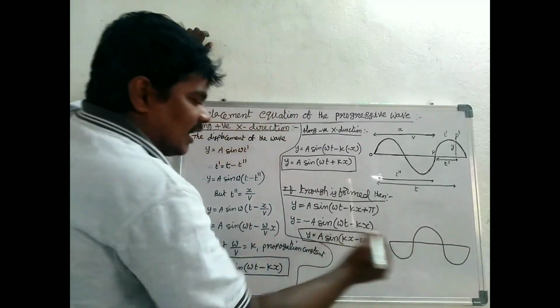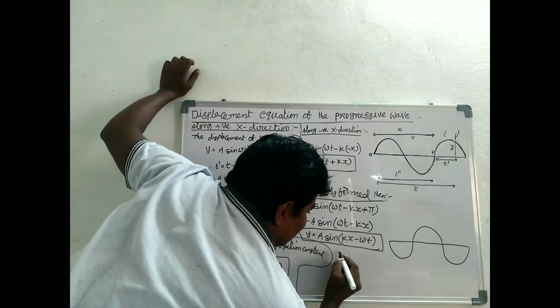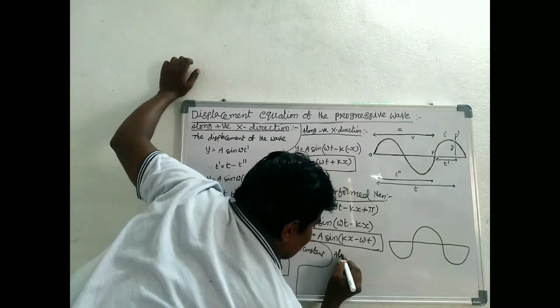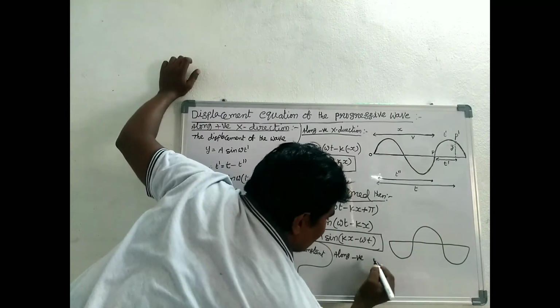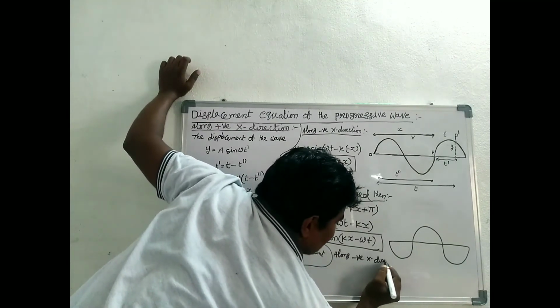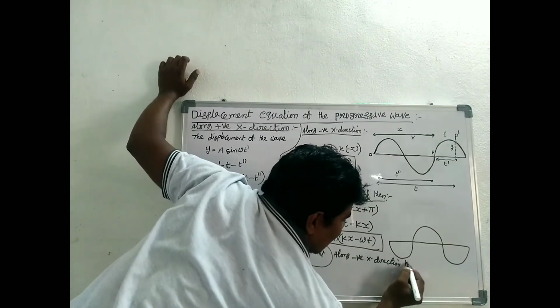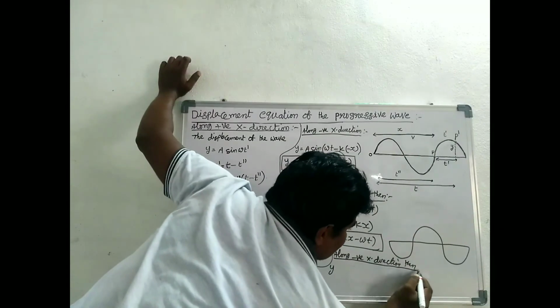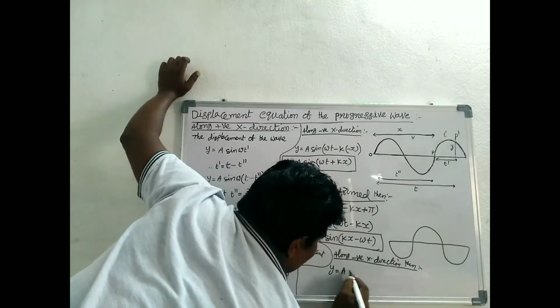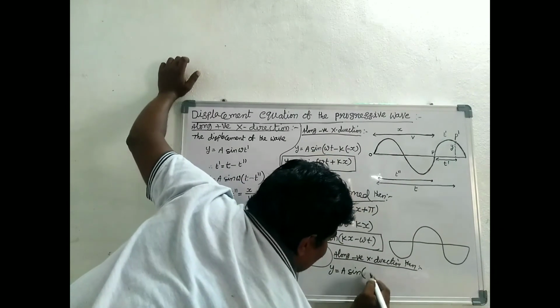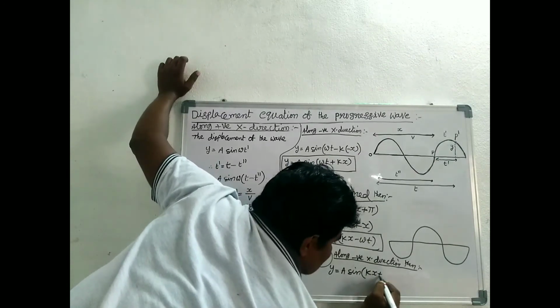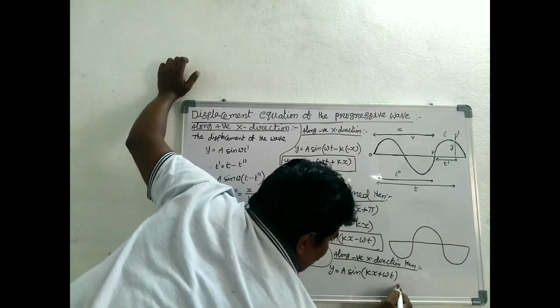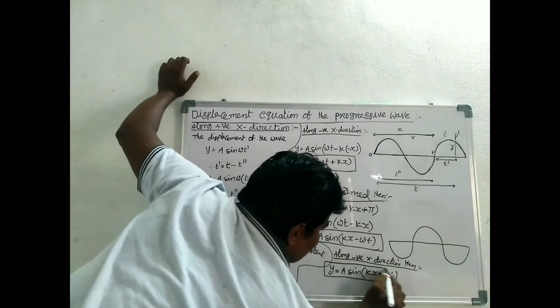If the wave is traveling along the negative x direction, then y equals a sin kx plus omega t.